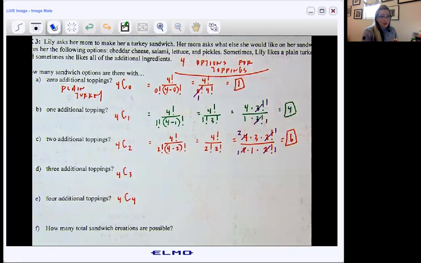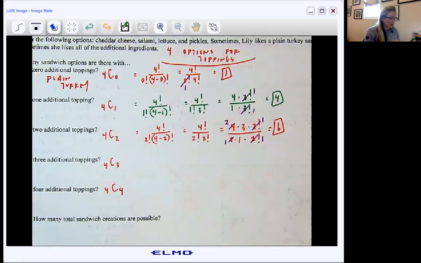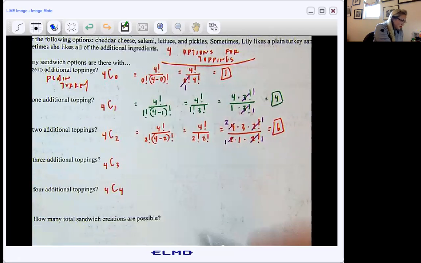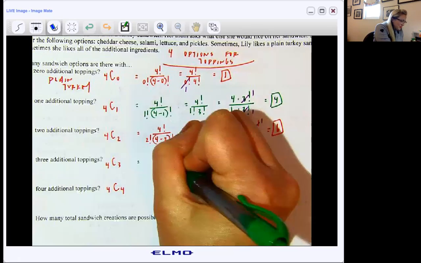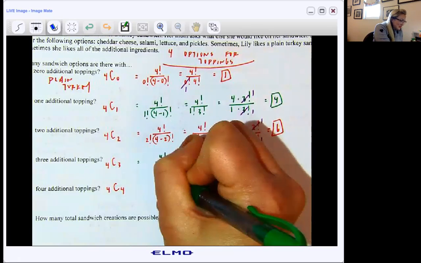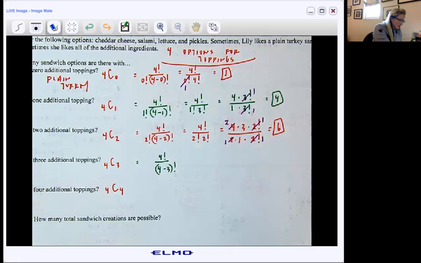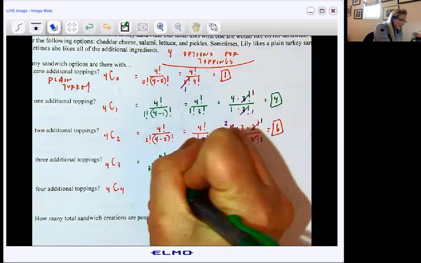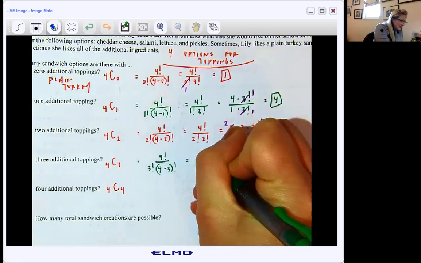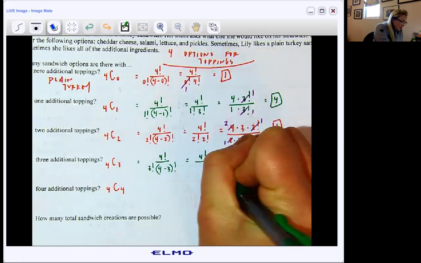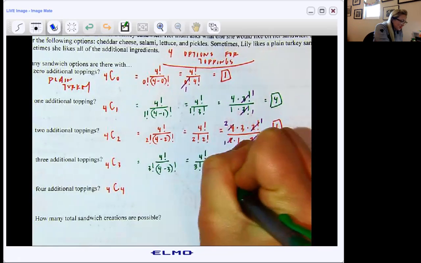All right, how about 3 additional toppings? And here I'm hoping you can see a pattern show up. So 4 factorial over 4 minus 3 factorial, and then my duplicates, 3 factorial right here. So I see 4 factorial over 3 factorial times 1 factorial.